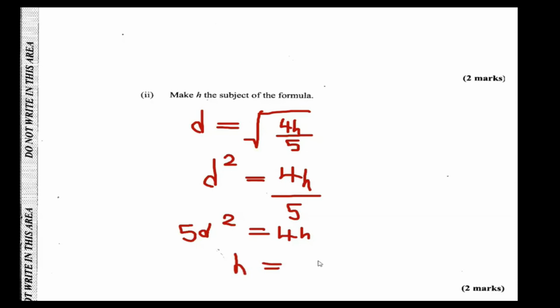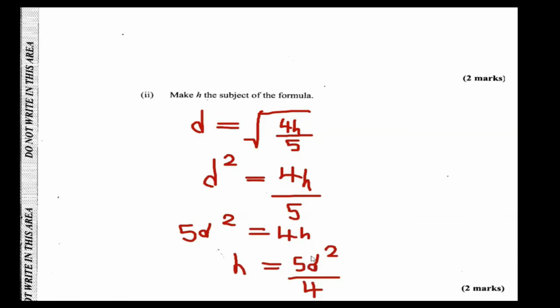That is h. h is equal to 5D squared divided by 4. Nice and easy. Soft.